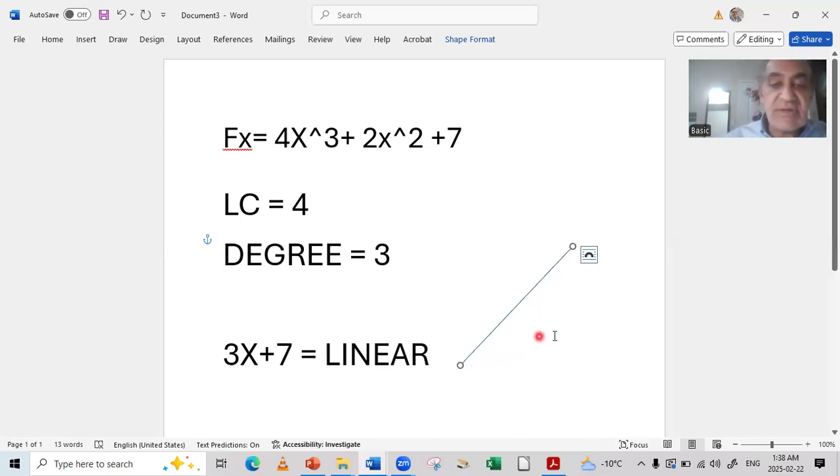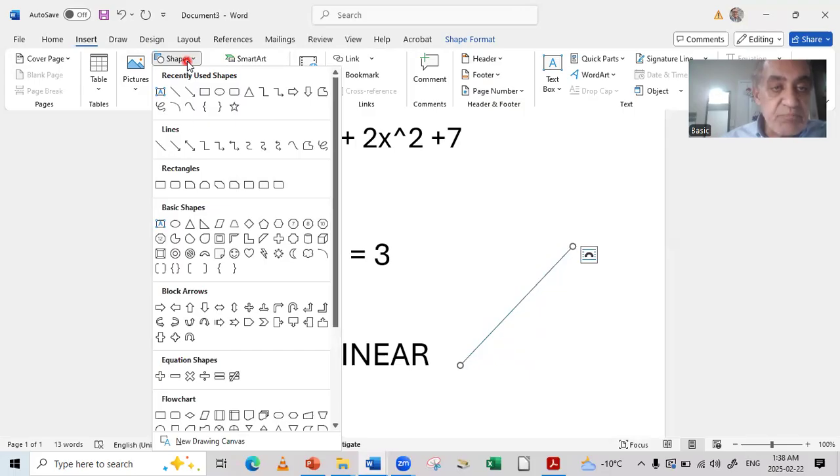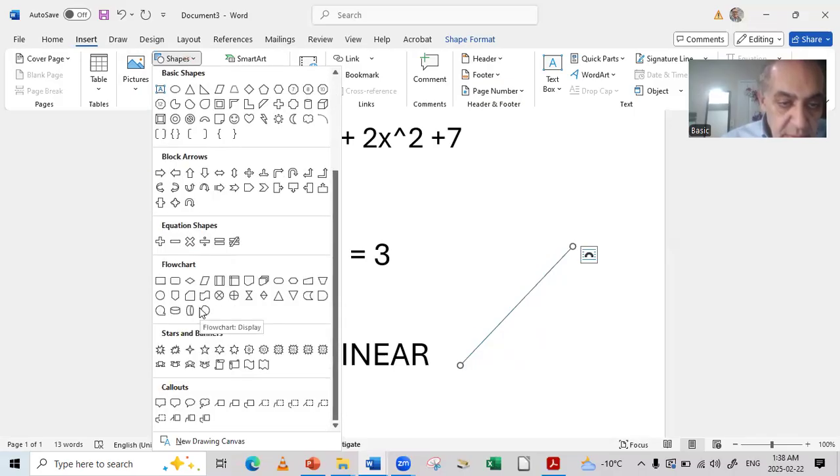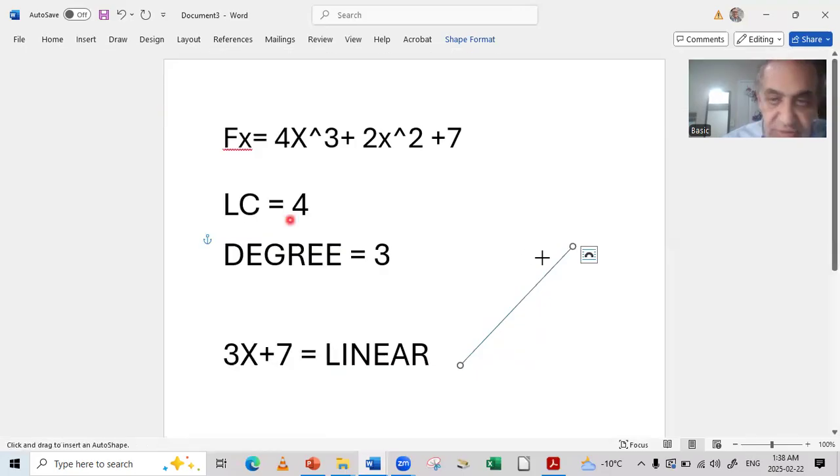So if we say this is a horizontal axis, let's say shapes here, and let me say that this was the horizontal axis and the vertical axis. Let me just graph it. Here we go. I'll just draw it this way.